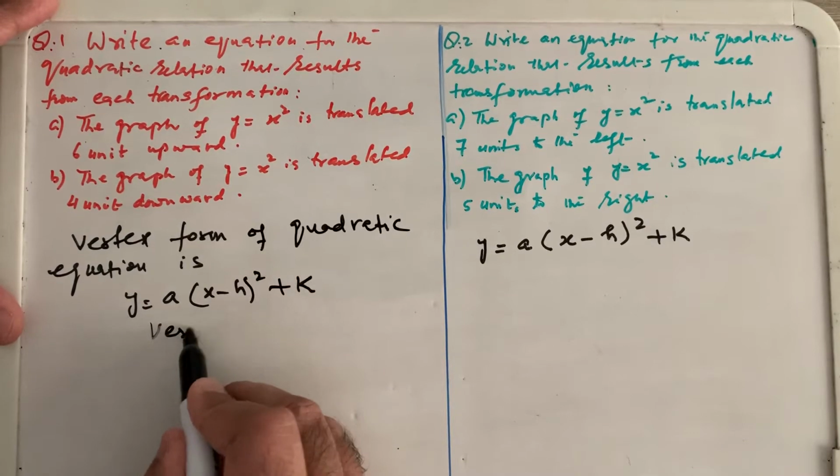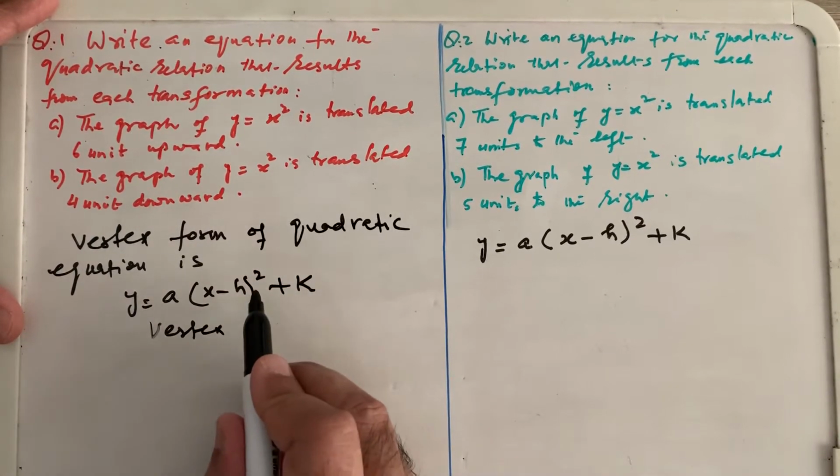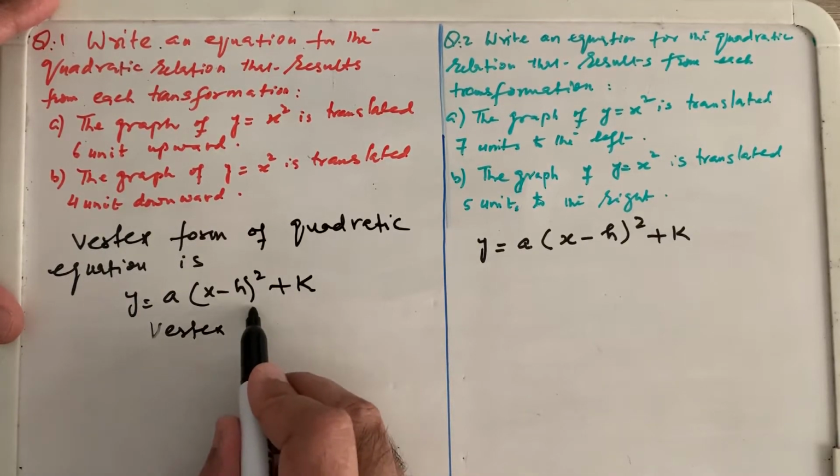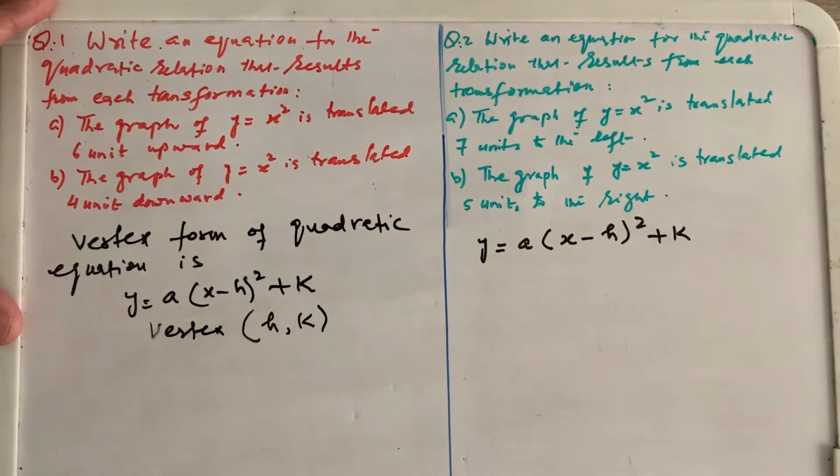So we need to remember two things: the equation y equals a times (x minus h) whole squared plus k, and the vertex coordinates h and k. This is the basic understanding we need before doing this question, right?